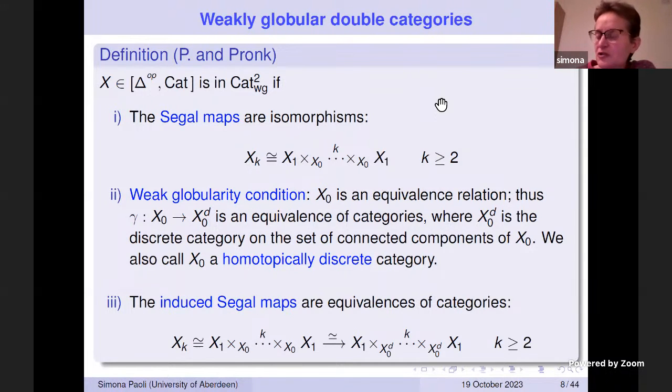Yeah, at the moment, we don't yet have an internal hom. We are thinking about it. It would be nice, but we don't know yet. It's not something you can write in a straightforward way, because there is an internal hom for double categories, but it doesn't translate in a straightforward way to one for weakly globular double categories.